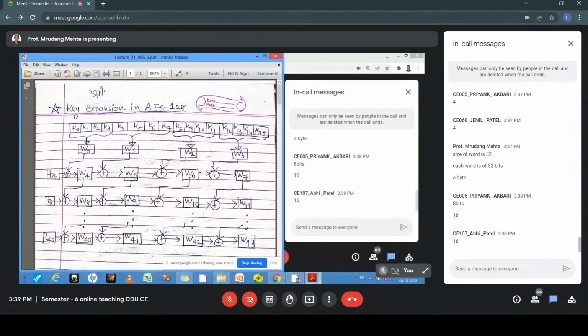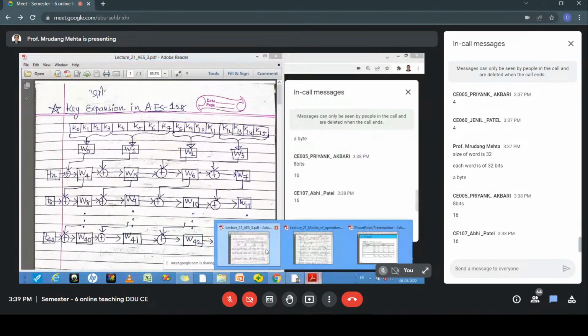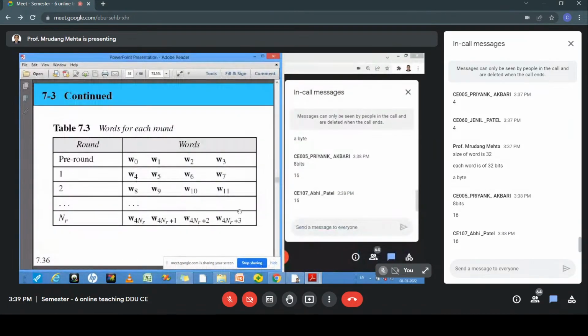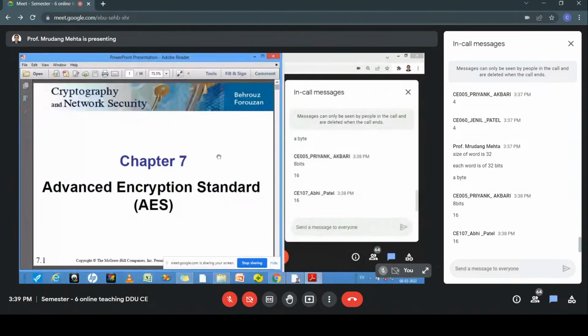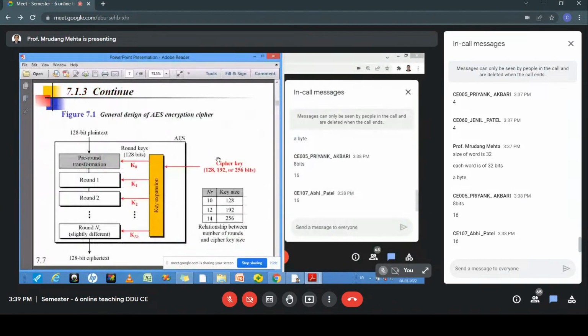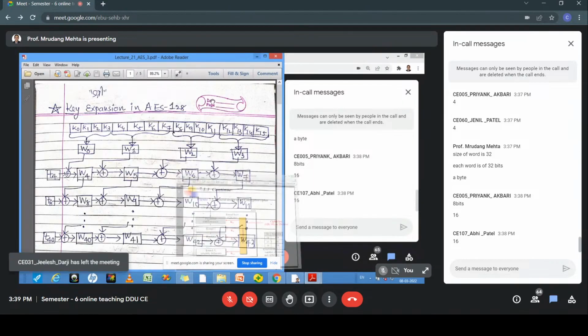Now this is our first key and it is given to the pre-round, like I had shown you here. This is the pre-round and it uses K0.